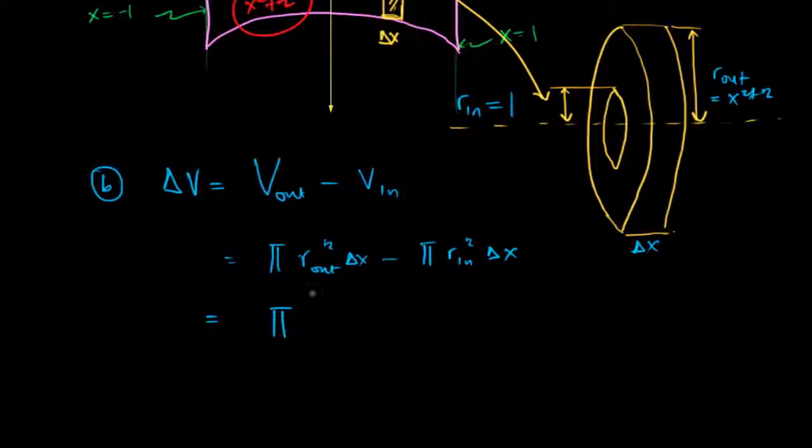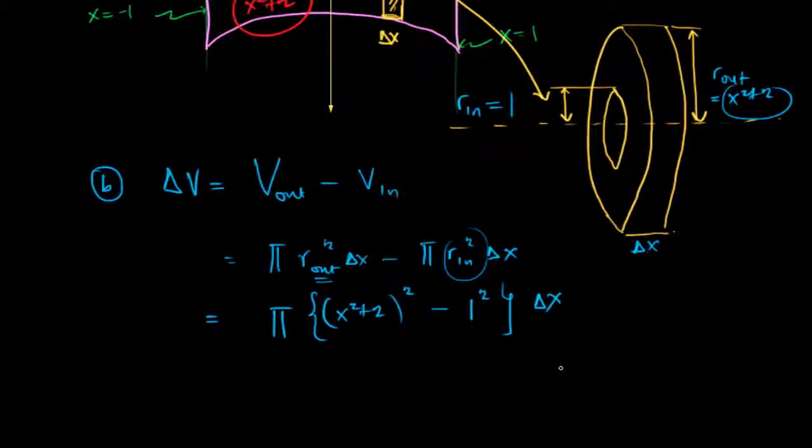So this gives us pi times my r out, x squared plus 2, all squared, minus my r in, 1 all squared, multiplied by delta x.